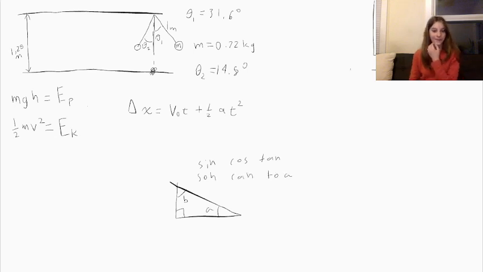O means opposite, A means adjacent, and H means hypotenuse. S is for sine, C is for cosine, and T is for tangent.